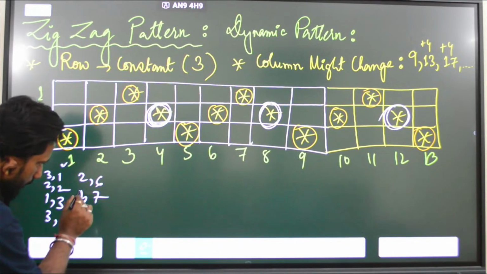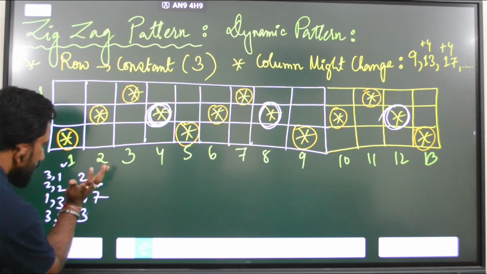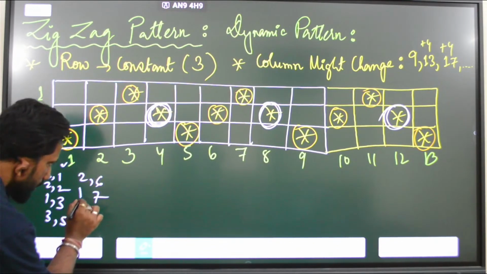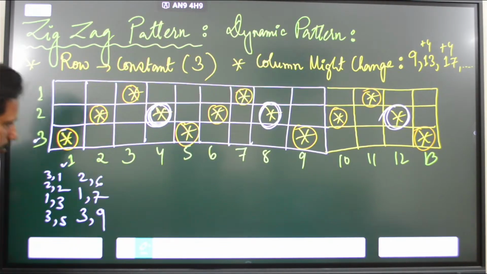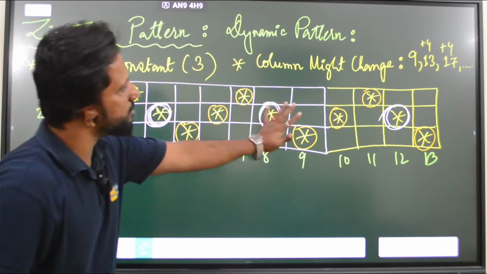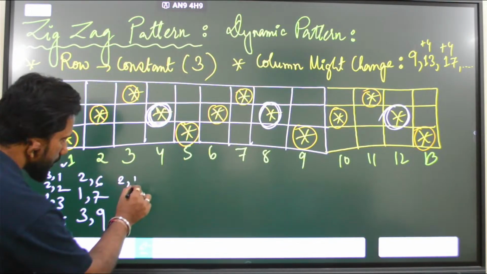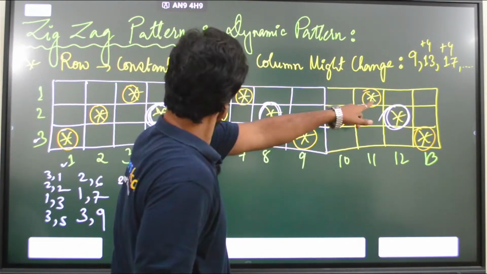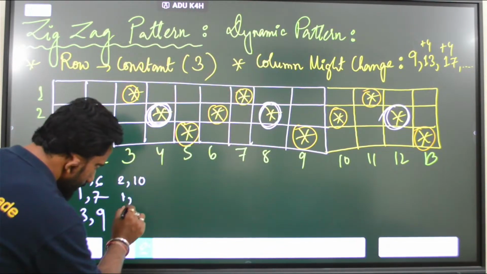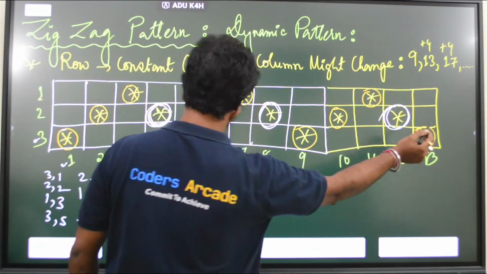So let us talk about only this much, or let me write this one also. This is 2, 10, and this one is 1, 11, and this one is 3, 13.